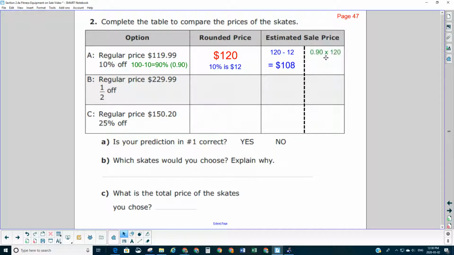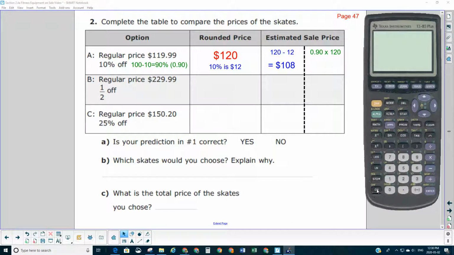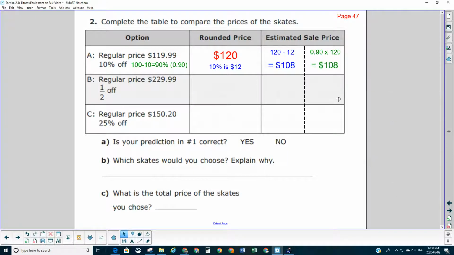So another way we could do it is do 0.9 times 120. So I might need my calculator for this one, 0.90 times 120, and we do get that $108 back as another price. So the green way only requires 1 step. You just need to punch that in your calculator. The blue way here you might be able to do in your head without using a calculator. And if we're in the store, this blue way might be the best way.